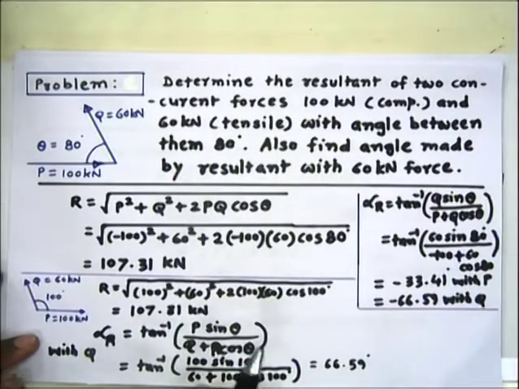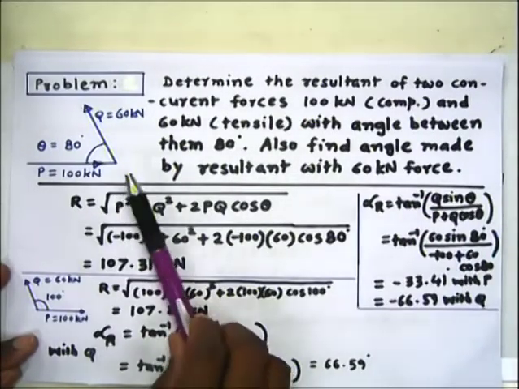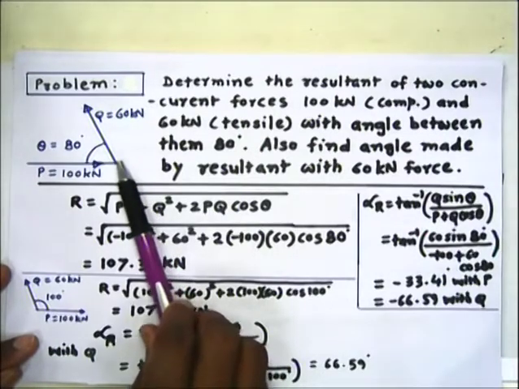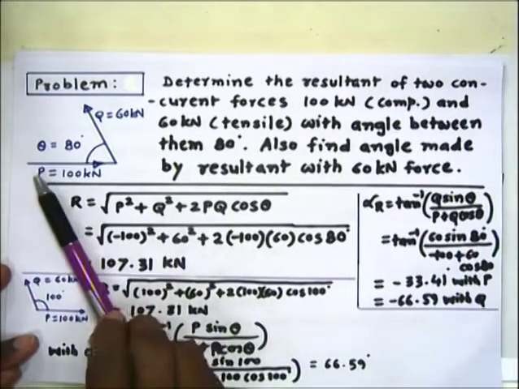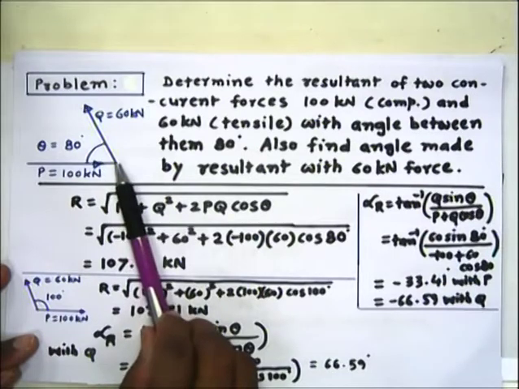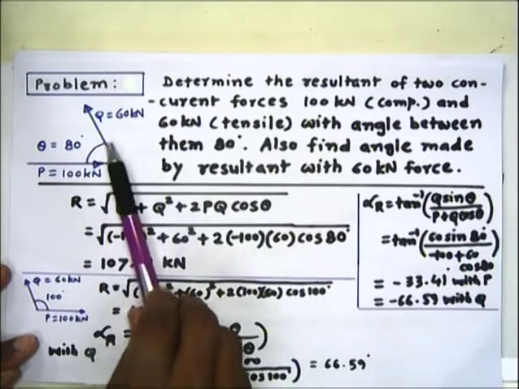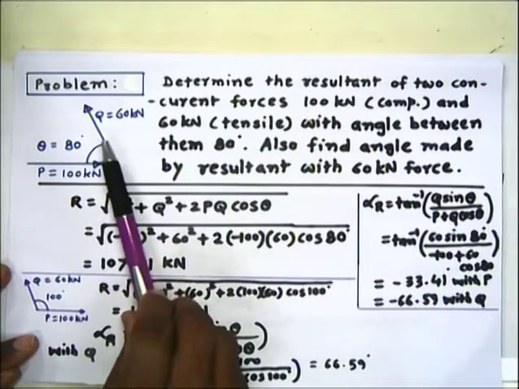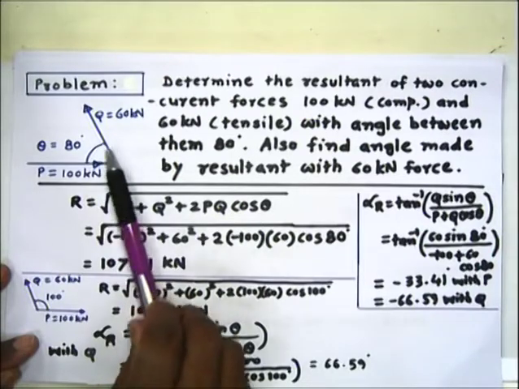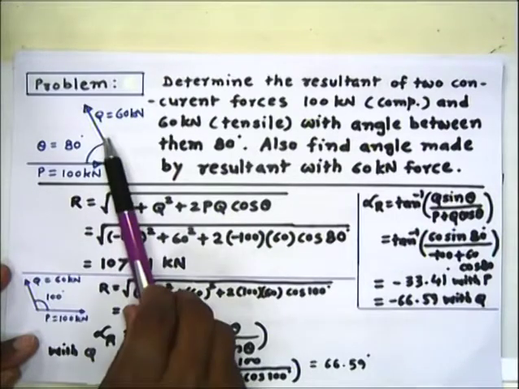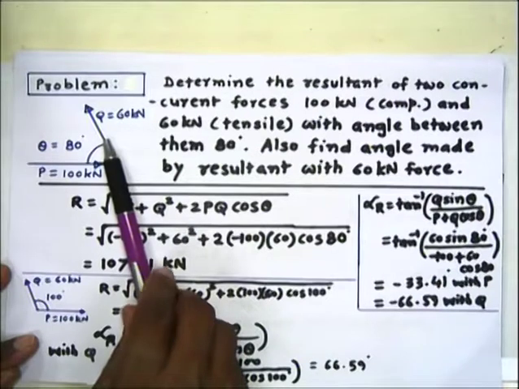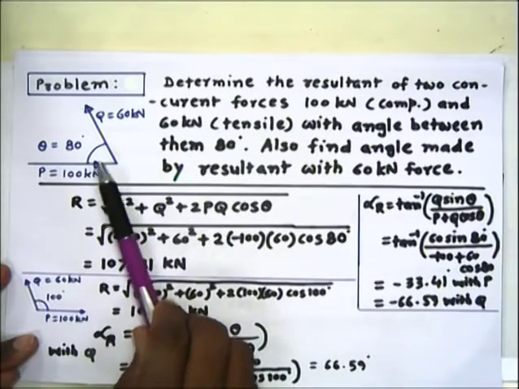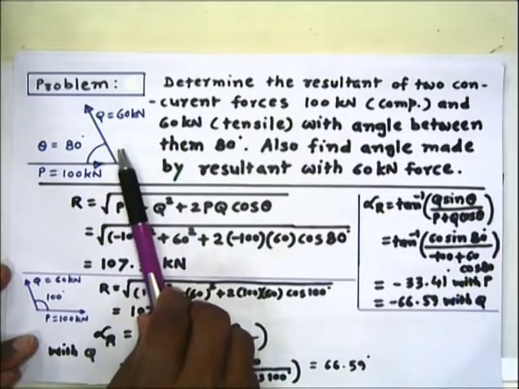Then suppose in this problem here what is different, here force P is compressive nature because it is acting towards the point, so it is of compressive nature, and here this force Q is of tensile nature. So here nature of these two forces is different, though they are concurrent, and it's a case of two concurrent forces.